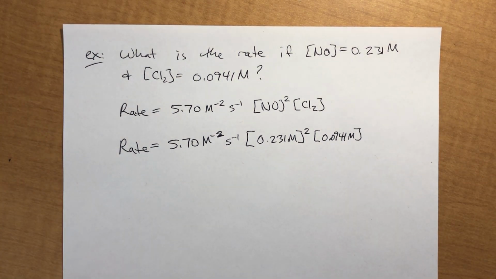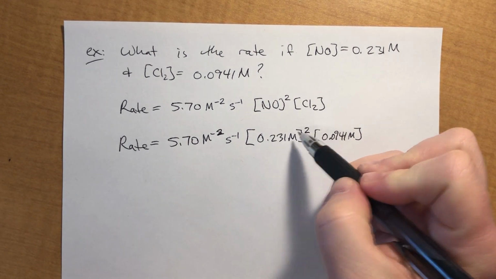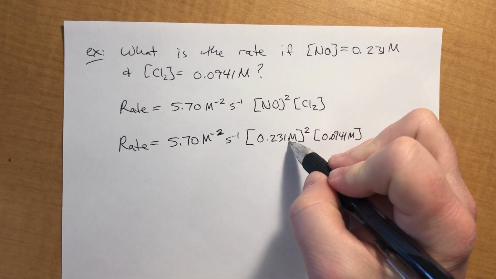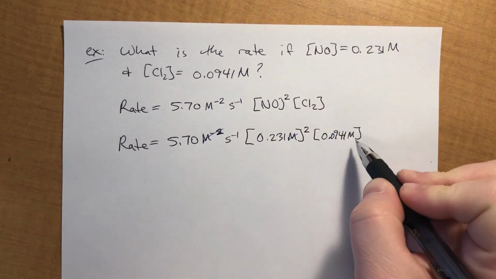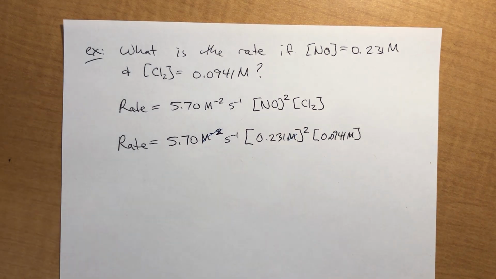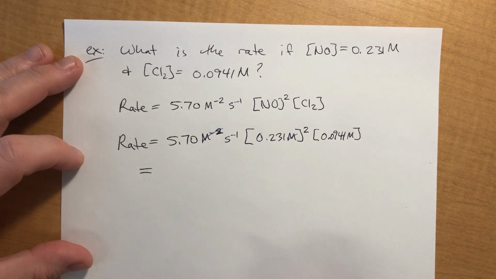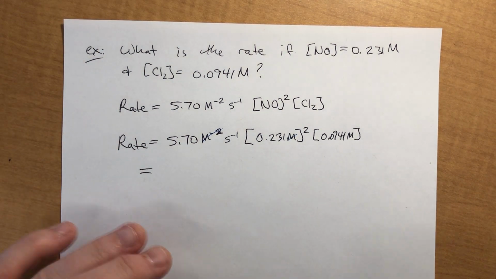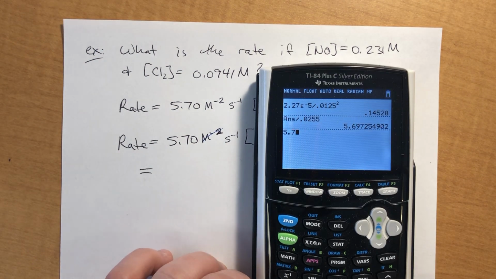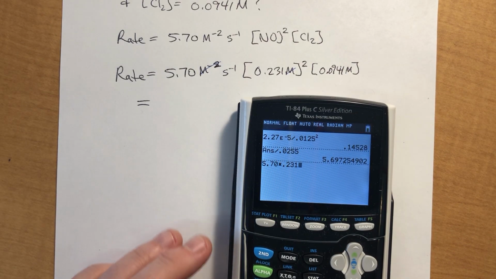In terms of units here, this molar is squared, and this is 1 over molar squared, so those would cancel out. And we end up with molar divided by seconds, which is great because that's the units we use for rate, molar per second. If you plug all this in, and you're really, really careful, because I'll type everything in so you can see it, 5.70 times 0.231 squared times 0.0941.